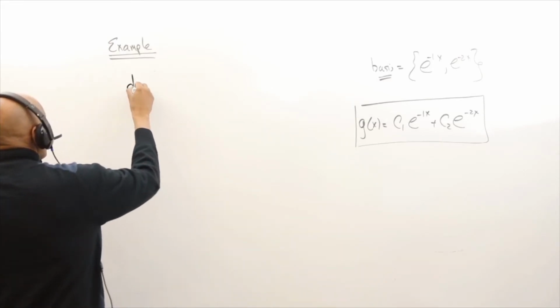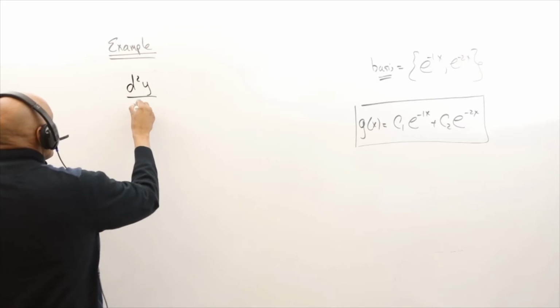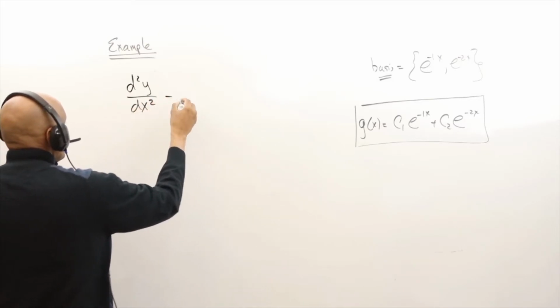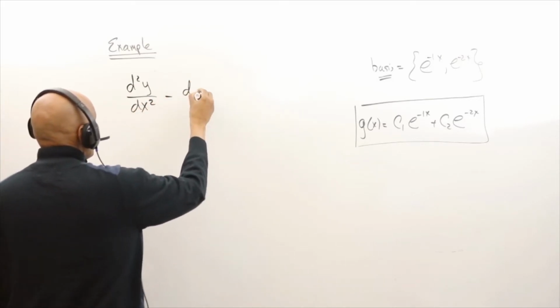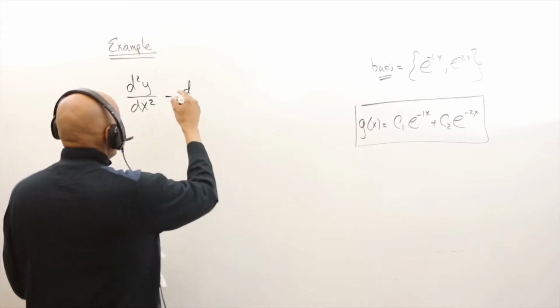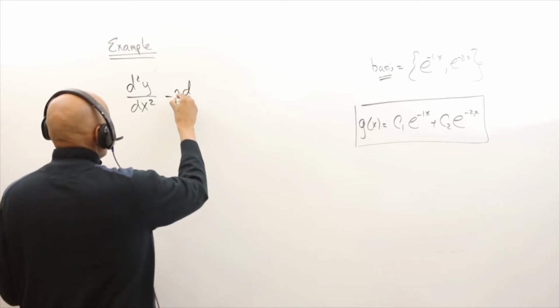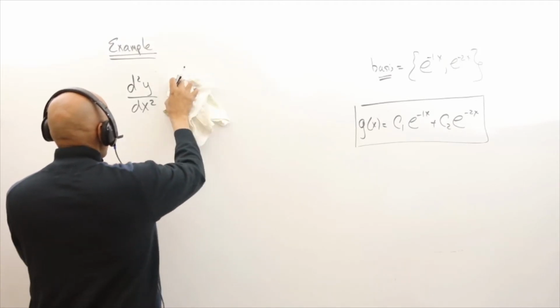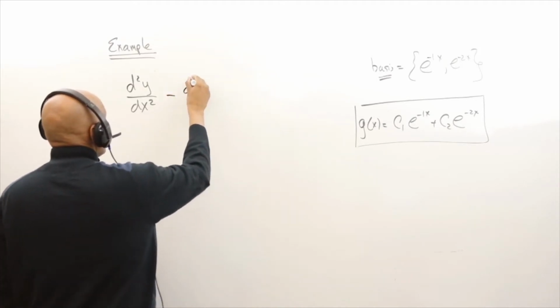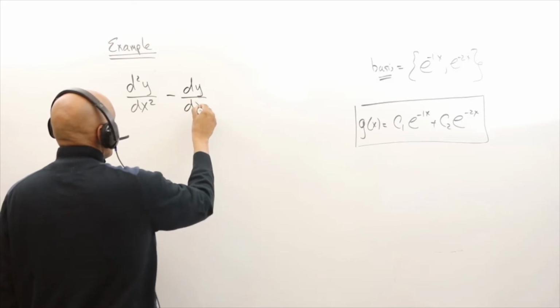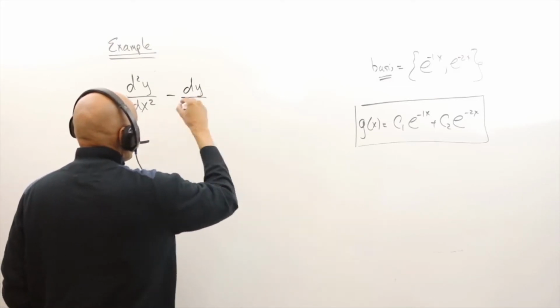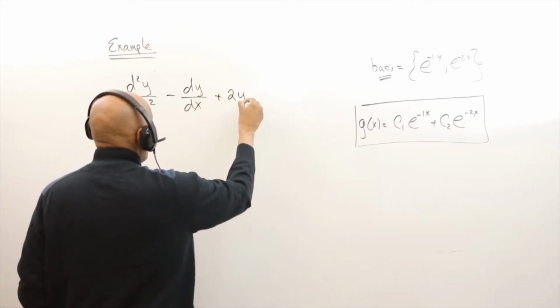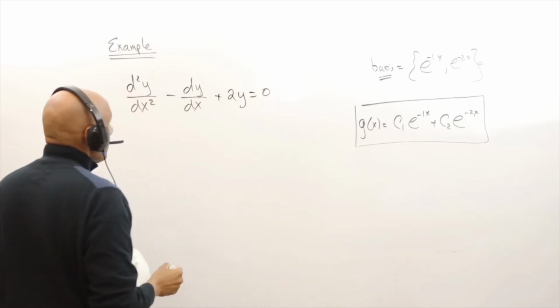Let's start again with d squared y over dx squared, and I'll put this as minus dy over dx, and plus 2y equals 0.